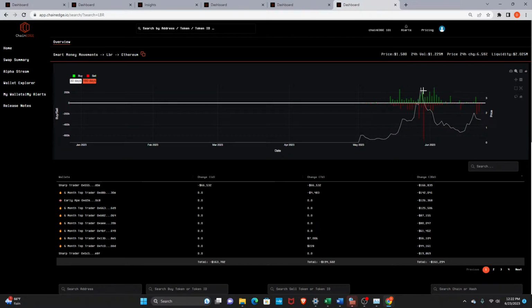If you look here, the biggest amount of sells started happening as soon as the token started losing steam. While there was some net accumulation here, it kind of just went into a downdraft after that, and that's just general token hype cycles. There's people that buy early, there's people that buy into the momentum, the momentum starts to die, and obviously our smart money started to sell pretty aggressively.